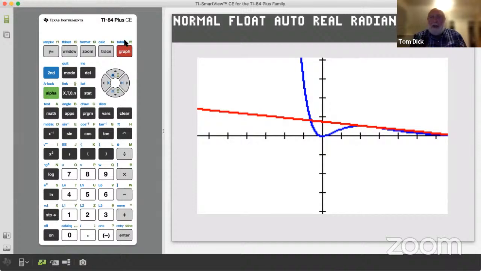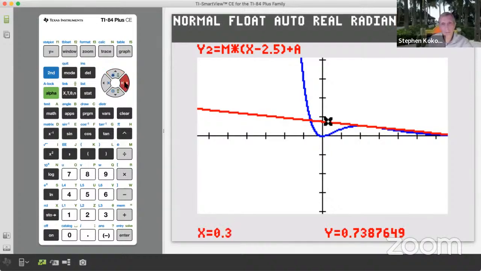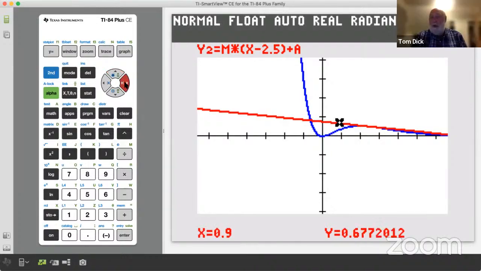One thing I did want to look at and make a comment on, Steve, is your question about overestimate and underestimate. You actually gave a very specific value, x equals 3. Let's say, okay, let's use the tangent line to approximate there. I'm going to trace, and let me go to the tangent line, and I could arrow over to 3, or I could just type in 3 and jump there. Okay, so that's my tangent line approximation.